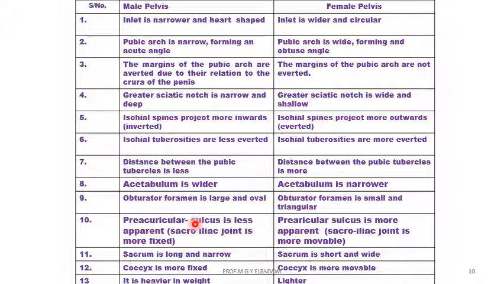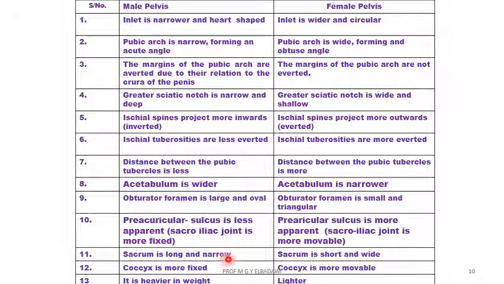With multiple pregnancies in the female, that lip will be stretched, creating a sulcus below it, which we call the preauricular sulcus. In the multiparous female, it can admit the tip of a little finger. So it's a very important point to differentiate between the male and the female pelvises.